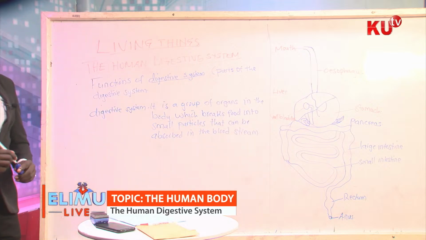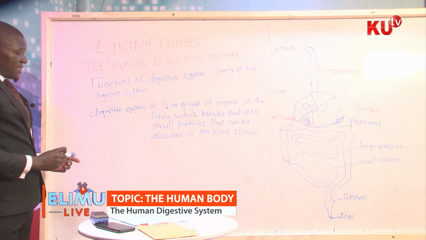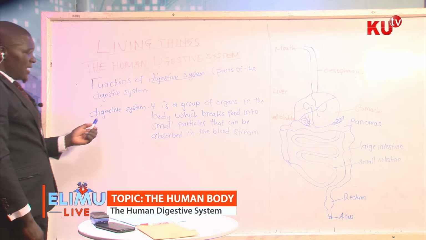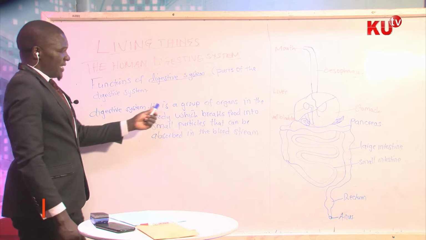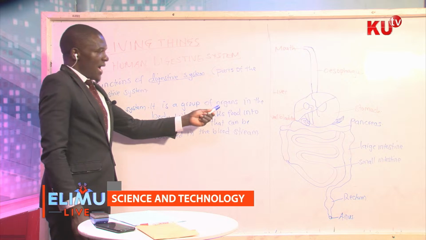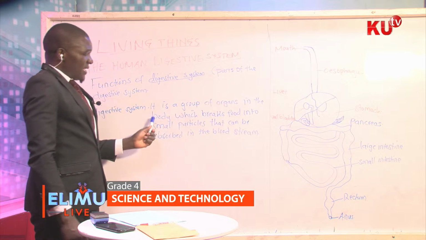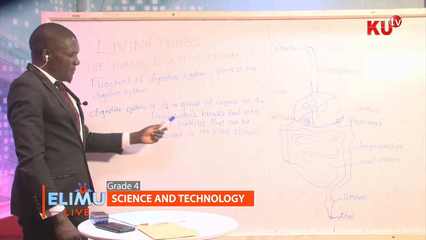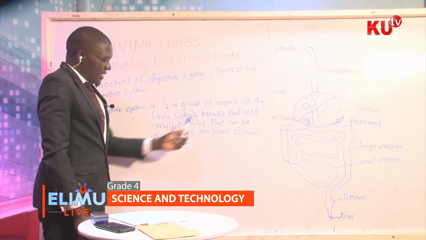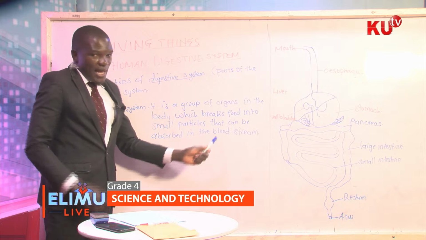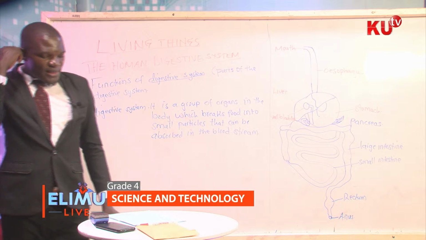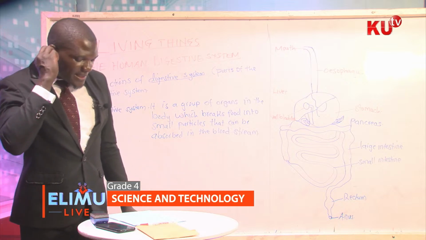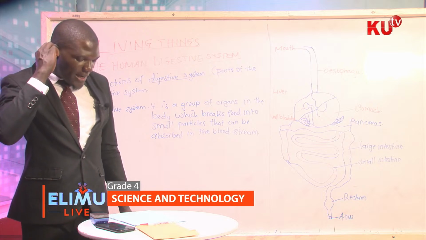That is the meaning of the digestive system. As you can see, we can read together. The digestive system is a group of organs in the body which breaks food into small particles that can be absorbed in the bloodstream.